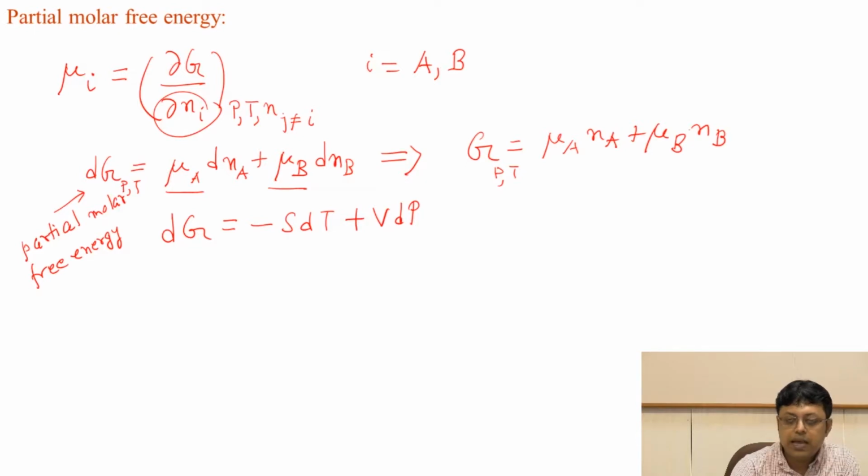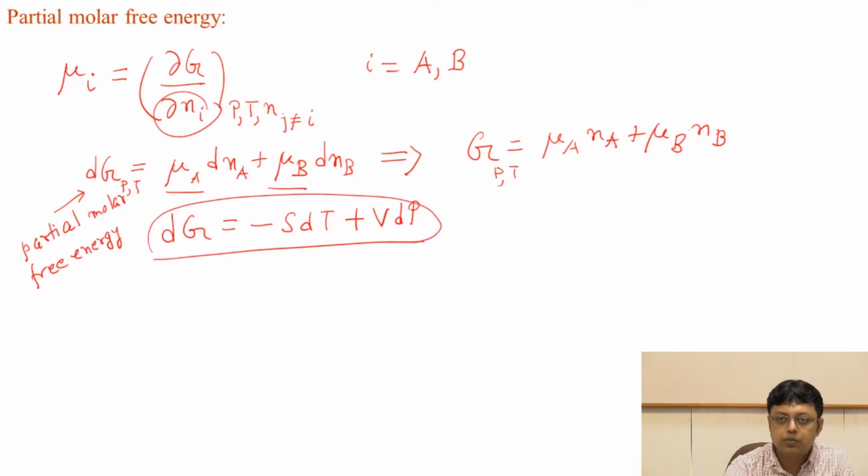Now this was for a one component system. For a multiple component system, when the pressure and temperature are constant, from this equation dG should be 0.